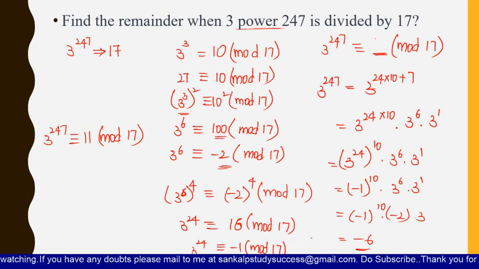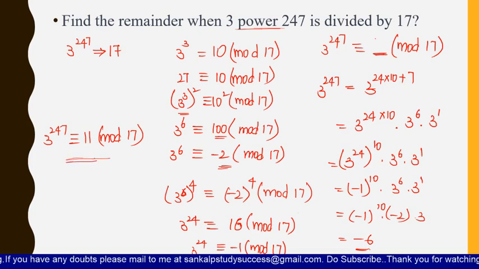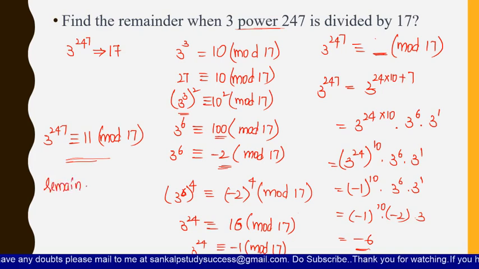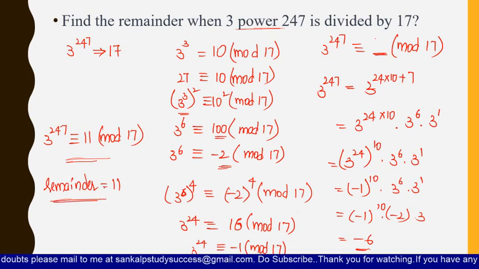If you change minus 6 to the least residue, you will get 3 power 247 is congruent to 11 mod 17. So that means the remainder you get is 11. 11 is the remainder when you divide 3 power 247 with 17. So this is one more question of the same model which we have.